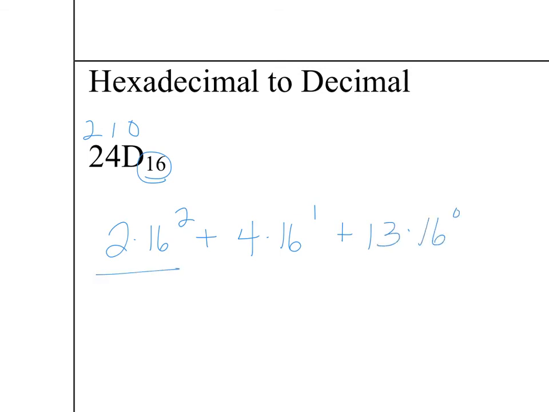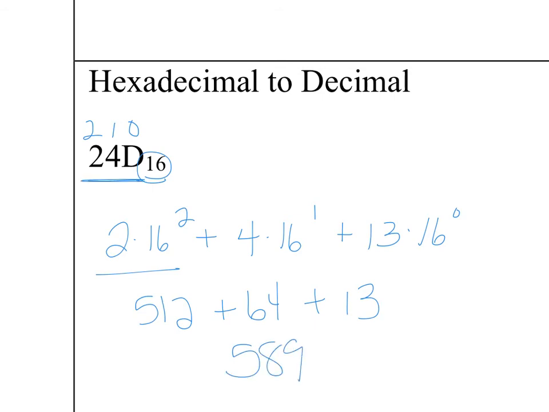And you just figure out what this number is. 512, 64, and 13. Add them up. It's 589. So 24D in hexadecimal is the same as 589 in decimal.